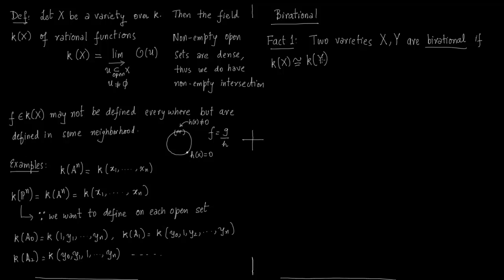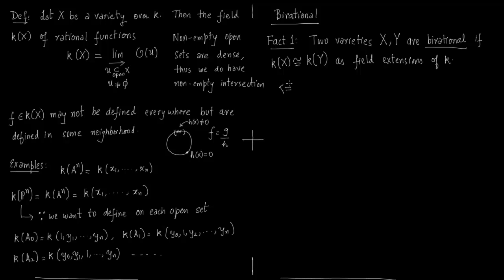So k of X is iso to k of Y as field extensions of k, if and only if.